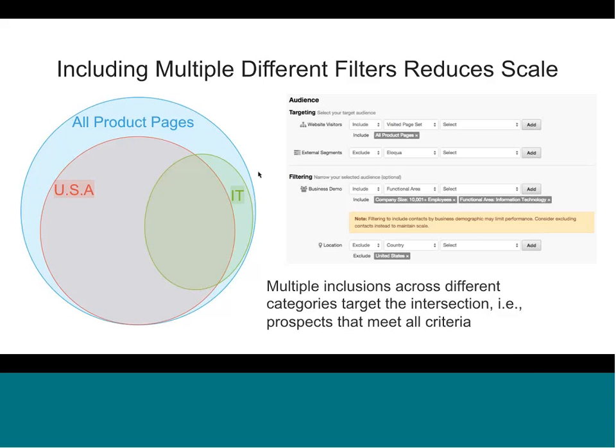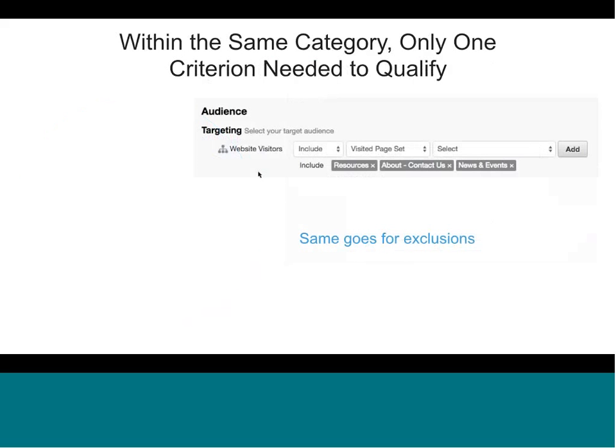And then we have one more here. We have company size 10,000 plus. So this just makes our target audience so much smaller because we're looking at only the intersection of all of these criteria. And that leaves us with just this little polygon here. So it's a much, much smaller group than the original product pages section. So that's when you're combining filters across different categories.